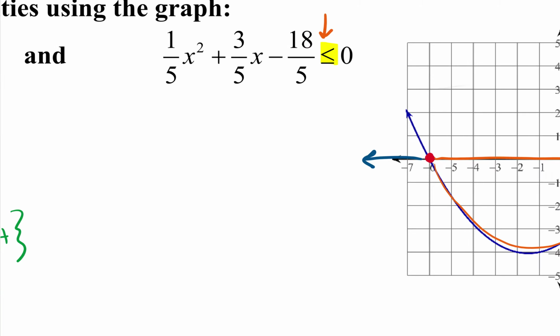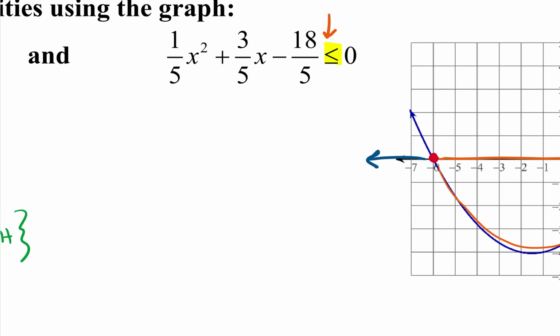So because I went in between, I'm going to write my 2 points, negative 6 and 3. And remember, you use parentheses if the symbol is not underlined, brackets if it is underlined. So this one is underlined, so I use brackets, and that's my answer. That's it.